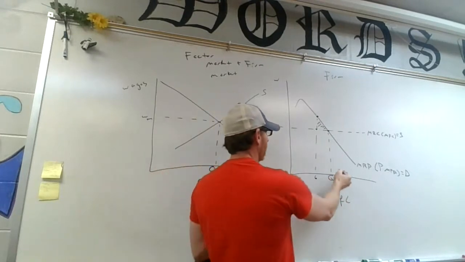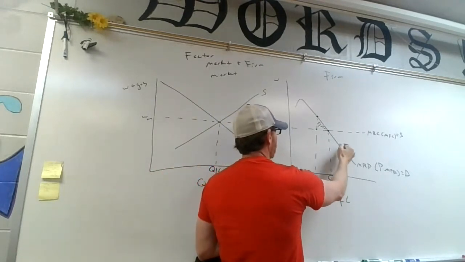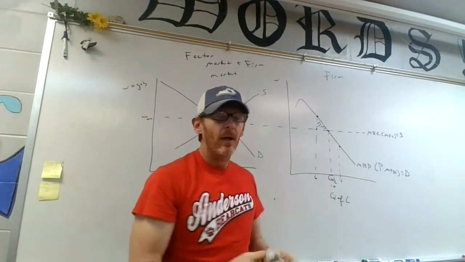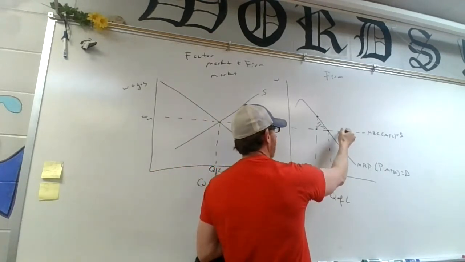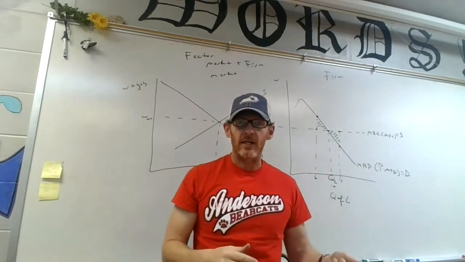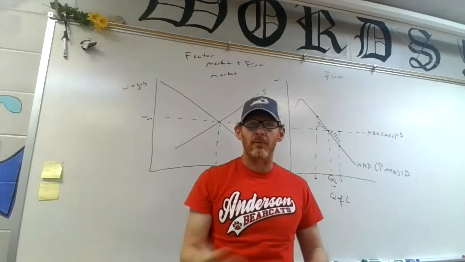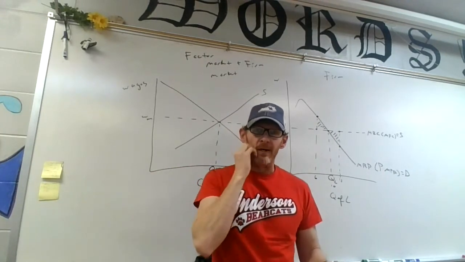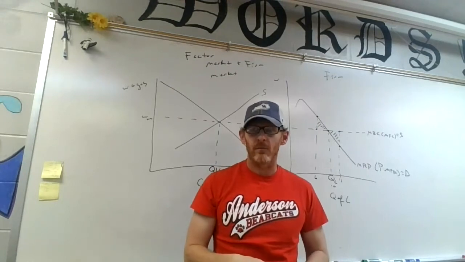If they're down here, let's say 12, it is true that the workers are bringing in revenue, but the cost is all the way up here, so they're losing money. So maybe the cost is $100,000 an employee, but they're only bringing in $70,000. So while they are bringing in revenue, it's not enough revenue, right?